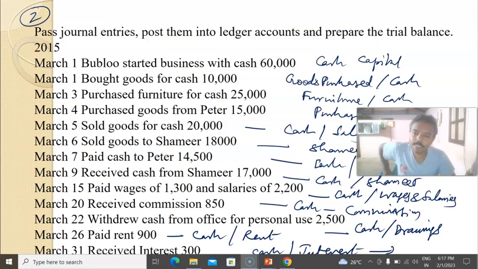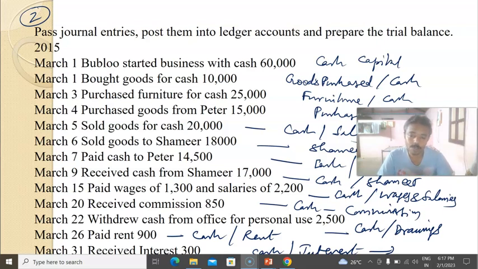Next, transaction 7, March 7, paid cash to Peter. Already we purchased goods from Peter on March 4. Now we are paying cash, rupees 14,500, to Peter. So now what we need to do: cash account and Peter account, two accounts. Cash account is a real account, credit what goes out.